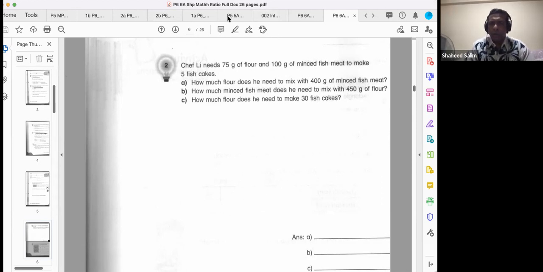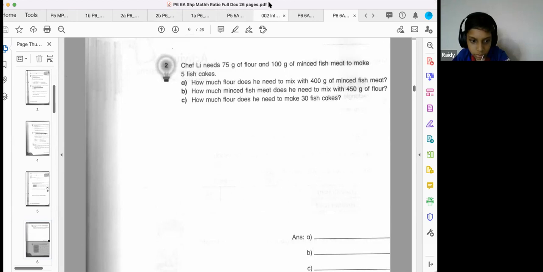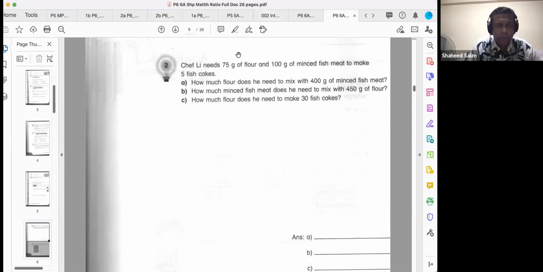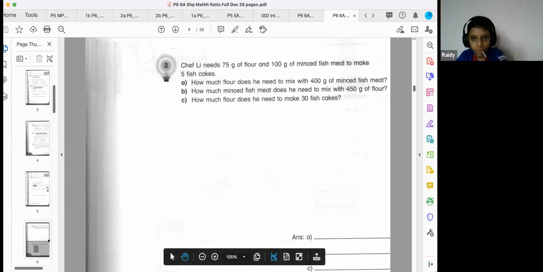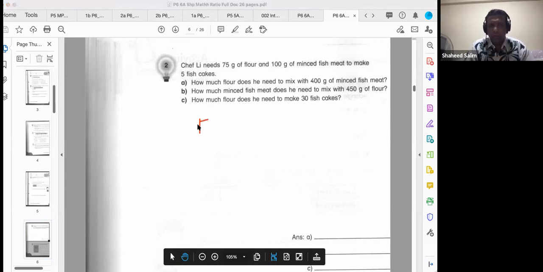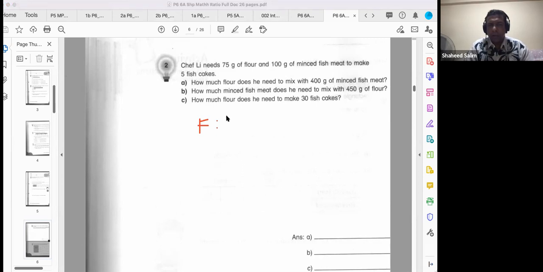So those of you who are confused, remember you can put flour, and you can also put total.